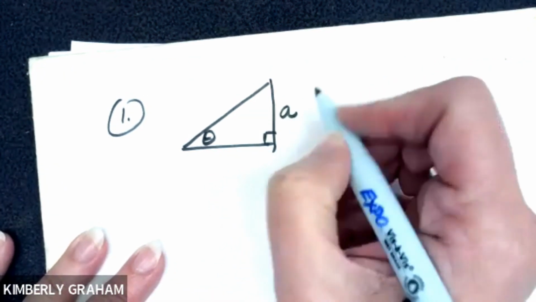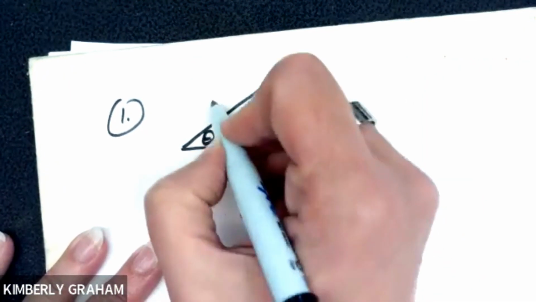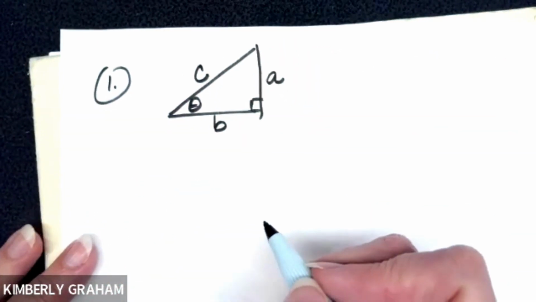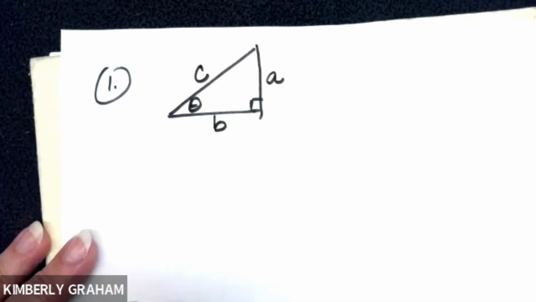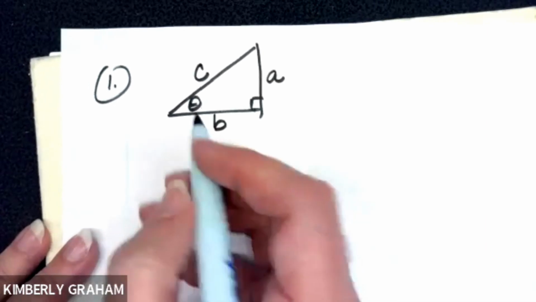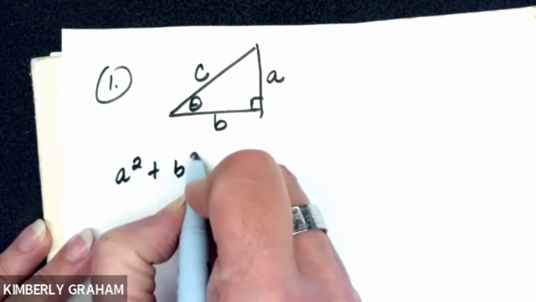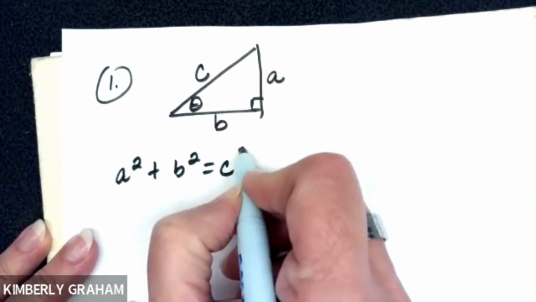This is side A, this is side B, and this is side C. So I'm going to start off by writing down the Pythagorean theorem. A squared plus B squared equals C squared.